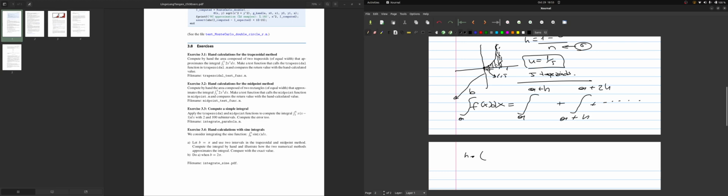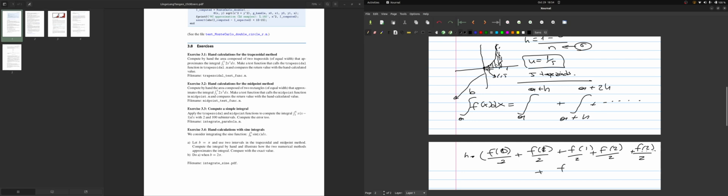As you can see, f0 is 0, so we have f0 over 2, f1 over 2, plus f1 over 2, plus f2 over 2, and here we also have f2 over 2.